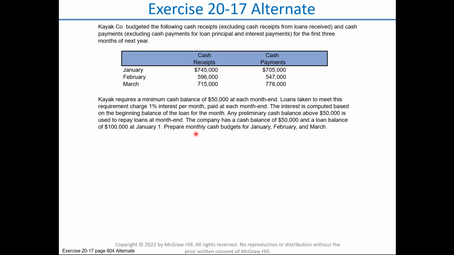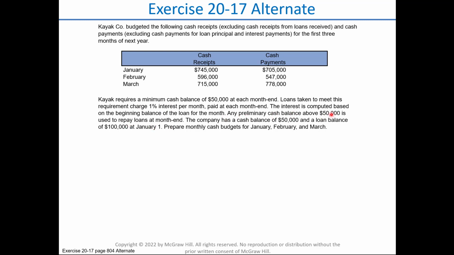Now we will prepare a cash budget for 3 months. This column lists the cash coming in. This column lists the cash going out. Also, it says they require a minimum cash balance of $50,000. If they don't have $50,000, they have to take a loan out, and if they have a loan, they have to pay 1% per month interest.